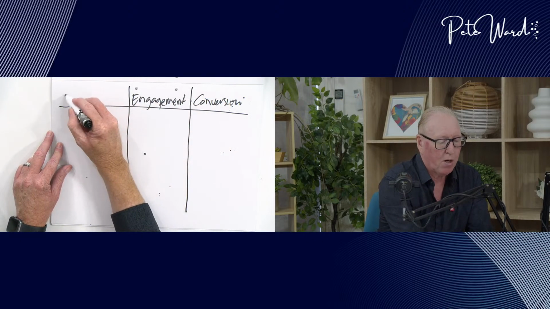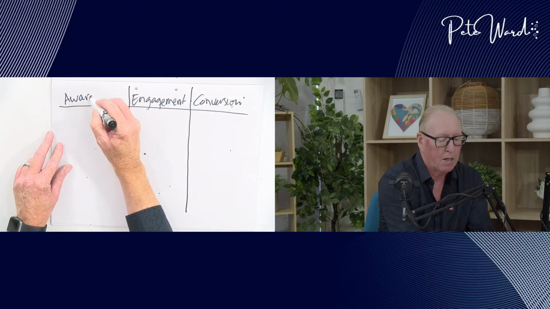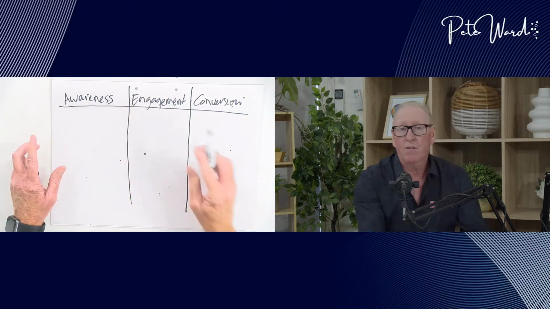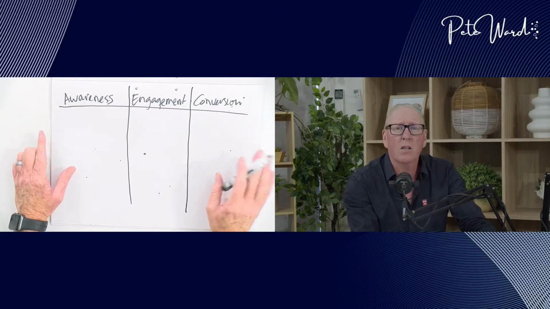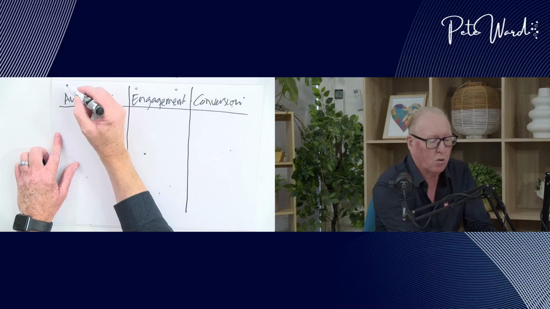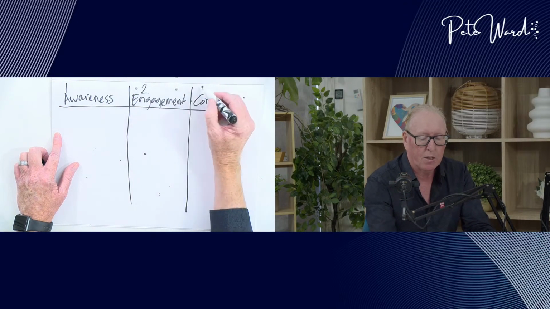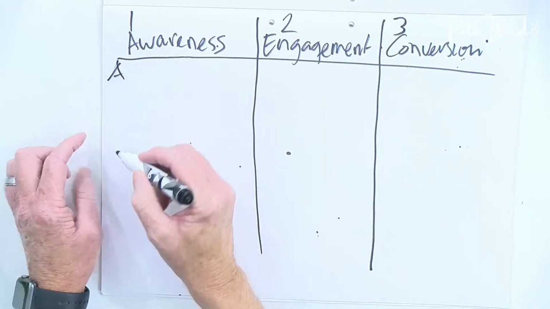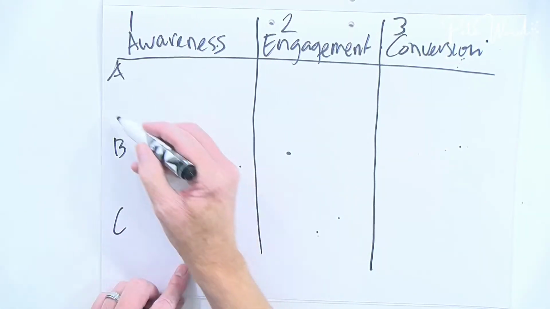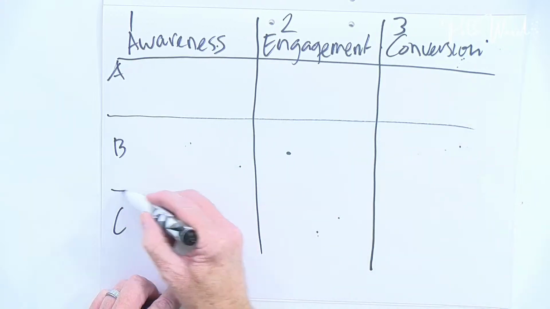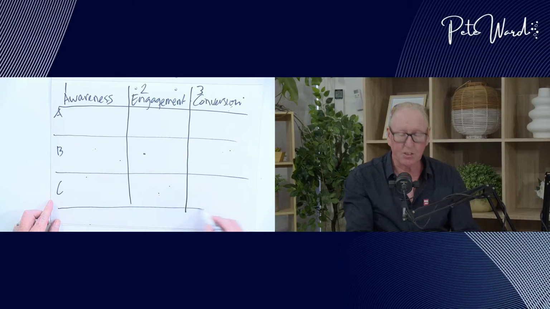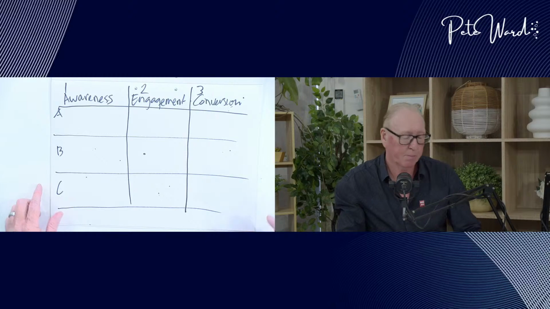And this is brand awareness. Okay, and if you've watched one of my other videos, I go into this a little bit more in depth. This is called the 1, 2, 3, A, B, C model of mine. And it's very, very simple. And it's designed to be very, very simple because we like simple.